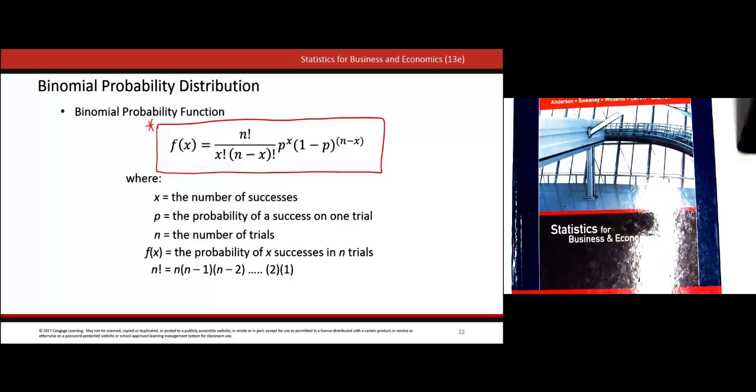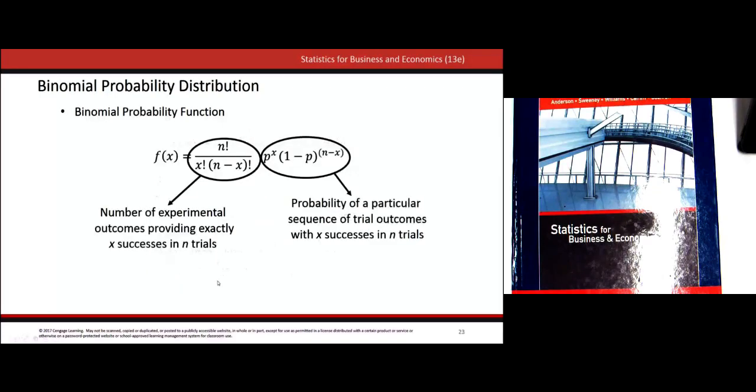Here x is the number of successes, n is the number of trials, p is the probability of success on one trial, and f of x is the probability of x successes in n trials.